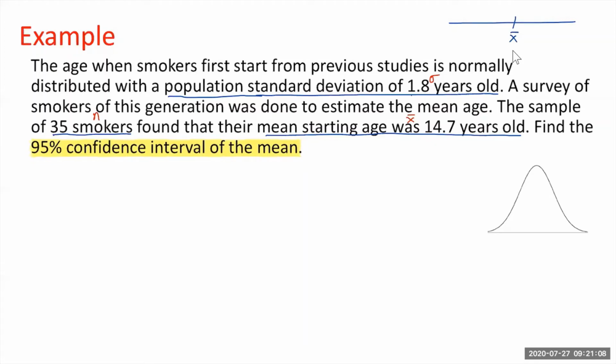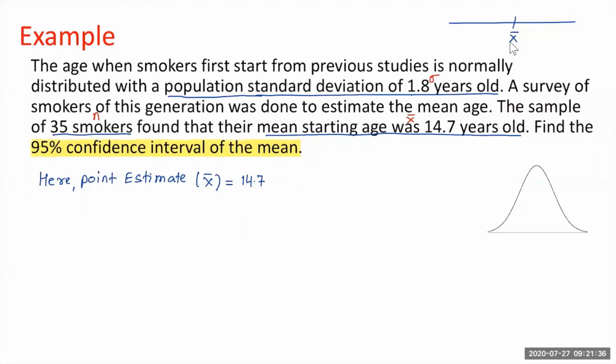Here, the point estimate, which is X bar, the sample mean, is given in the problem. Sample mean is 14.7. That is the point estimate.